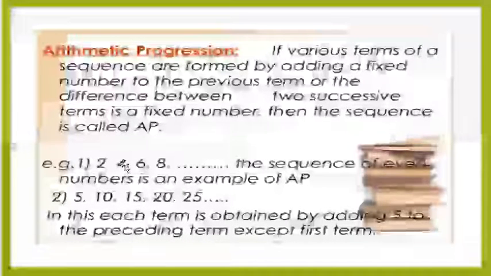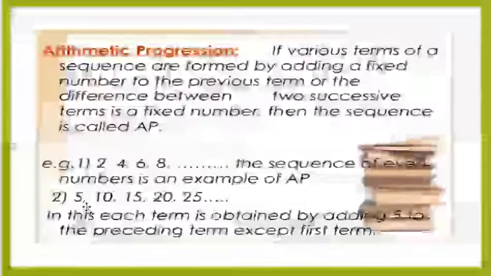In every two numbers, we have to find out the difference, and then we can write a sequence, that is an arithmetic sequence, clearly. Now we will see the next example.